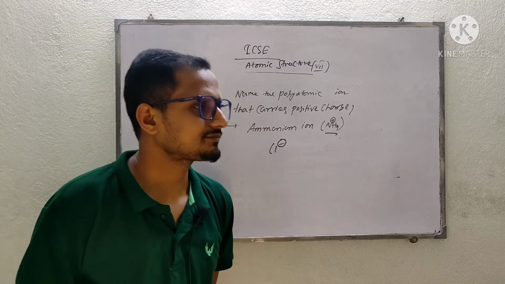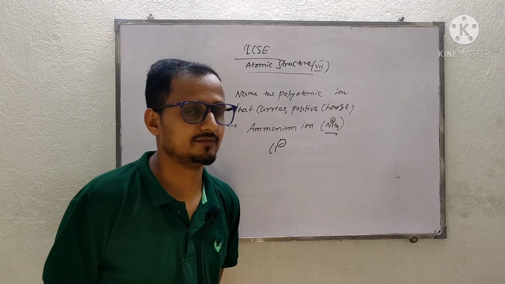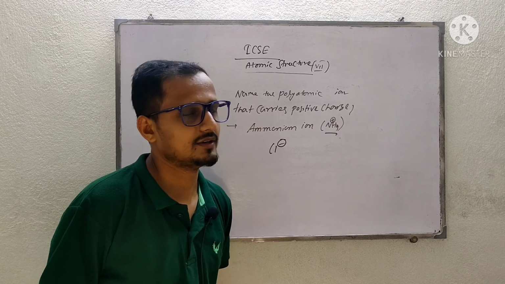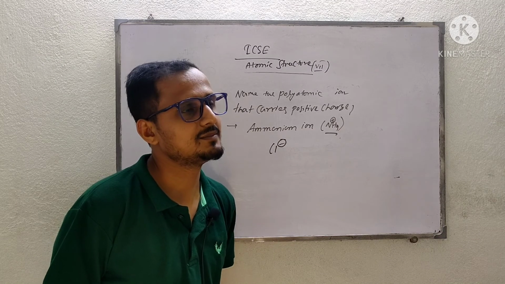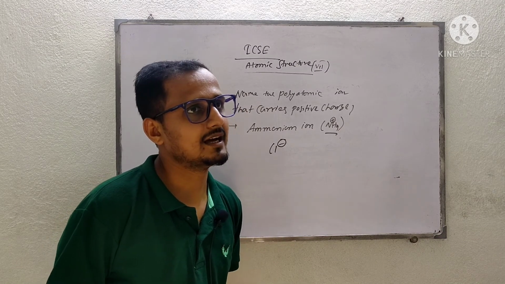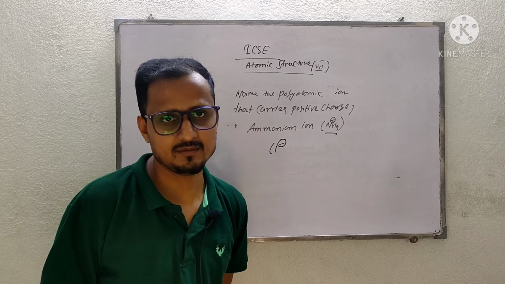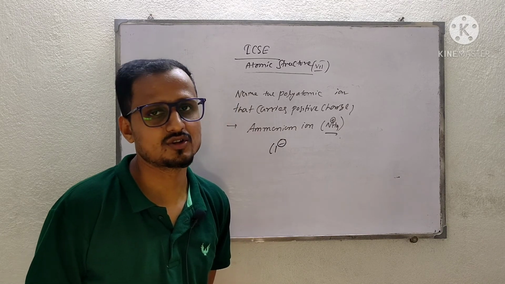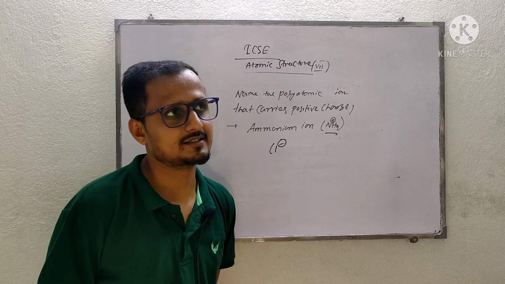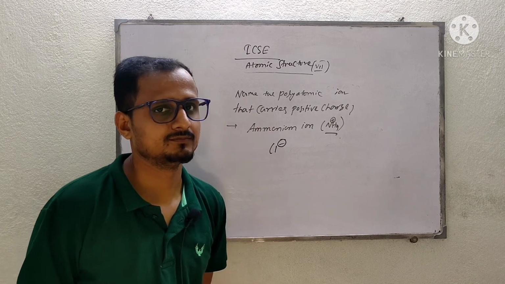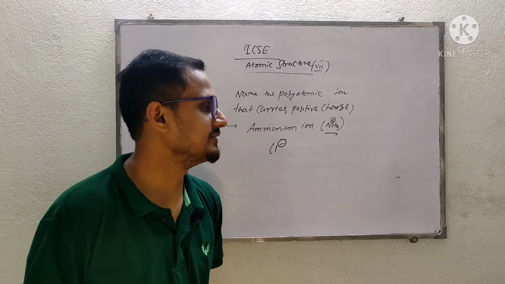I have already given one video about the periodic table. The periodic table makes it easier to classify the elements in a table that consists of groups and periods, and that was made by Mendeleev first. So you can see that video also.